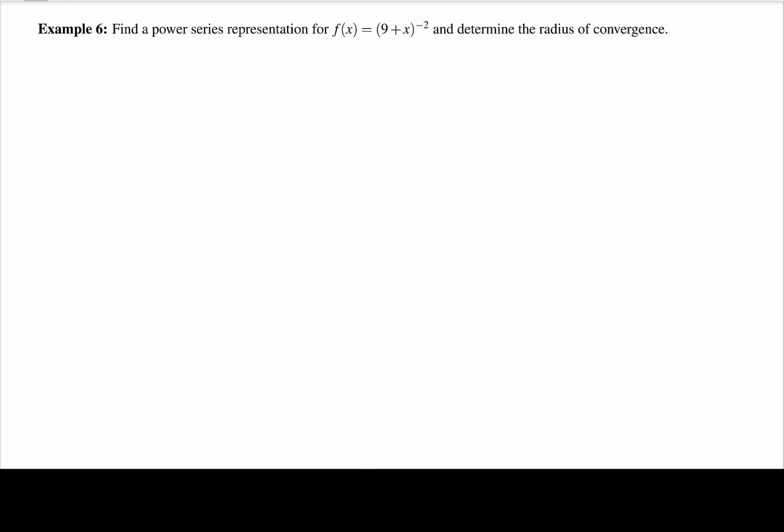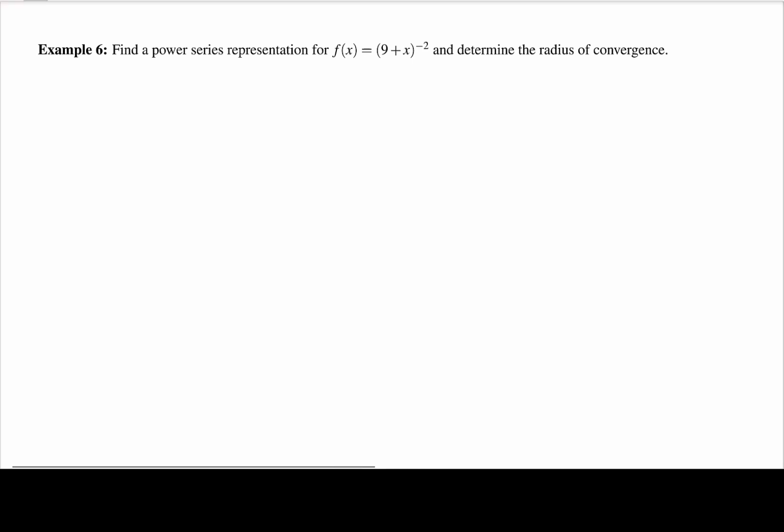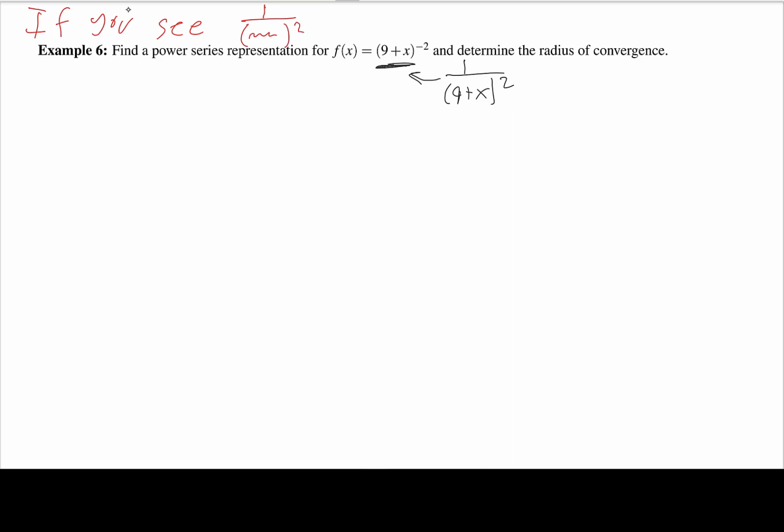So the first thing I want to note in this problem is that this f of x is really the same thing as 1 over 9 plus x squared. Alright, so here's the note. Here's the trick. If you see 1 over something squared, integrate it first.